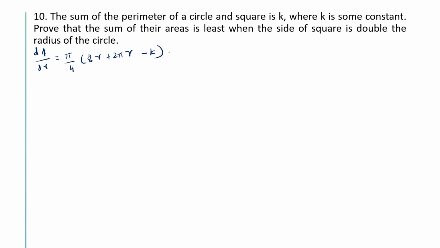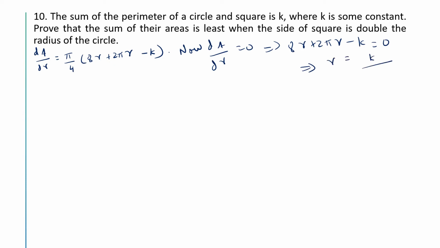Now at the critical points, dA by dr equal to 0, which means 8r plus 2 pi r minus k equal to 0, or from this we get r is equal to k divided by 8 plus 2 pi. So now let us find d square A by dr square.